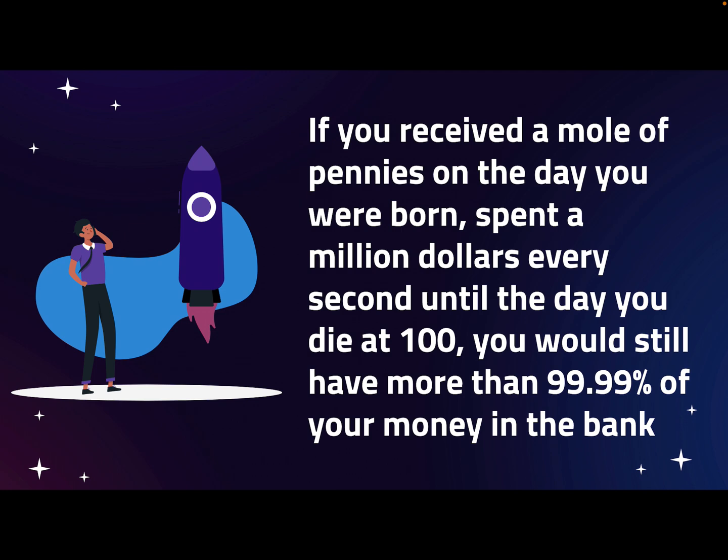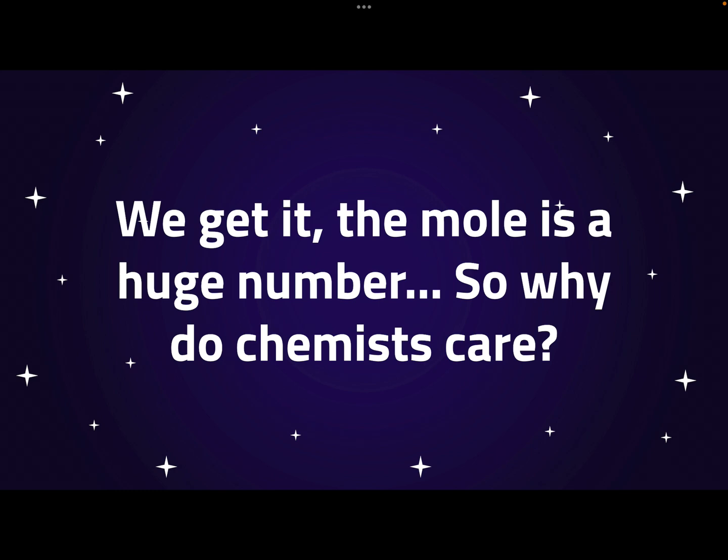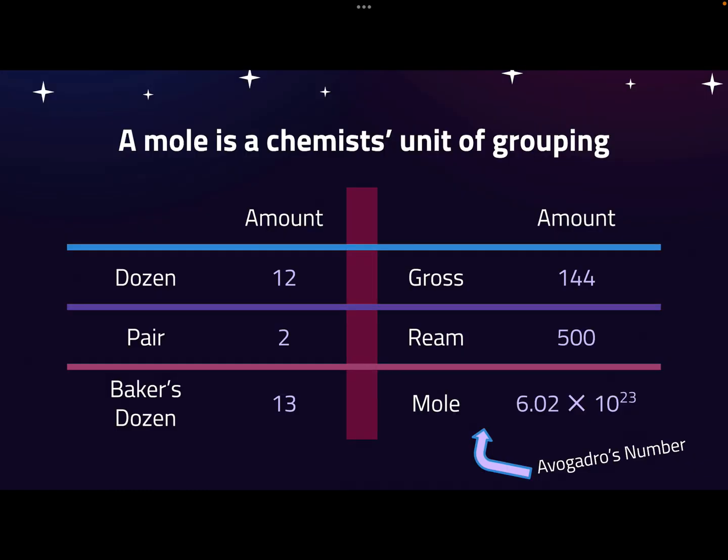But it is the number that chemists use. It is our counting unit. So why? Why do we care? Why do we use this number that's so insanely large? Well, think about the amount of stuff that we're working with. We're usually working with atoms or particles of these compounds or these substances, whatever we're dealing with, that are so incredibly tiny.